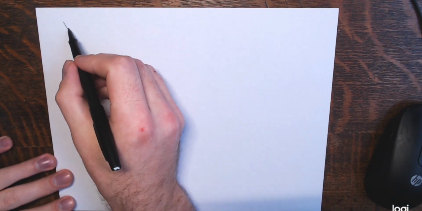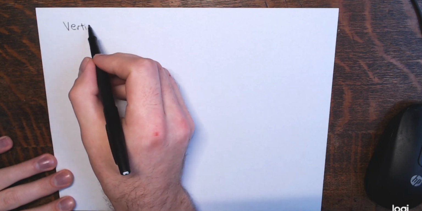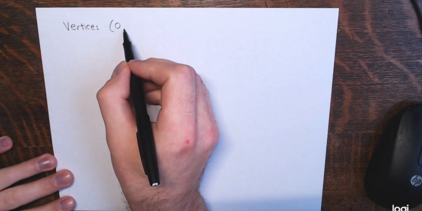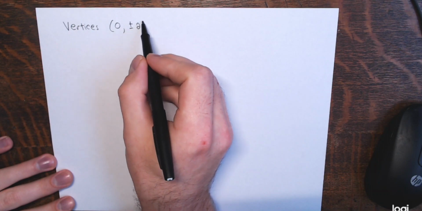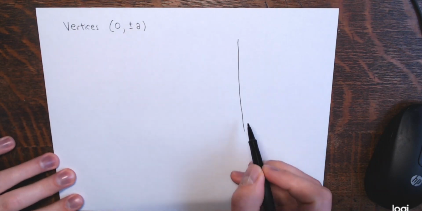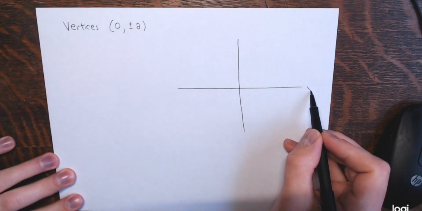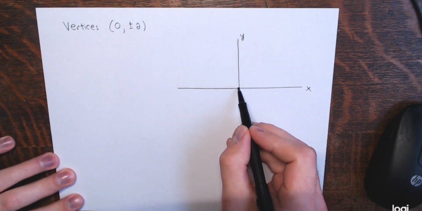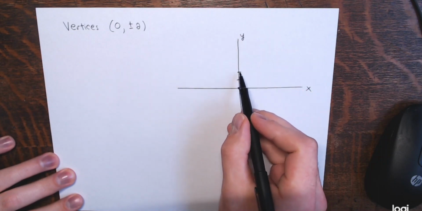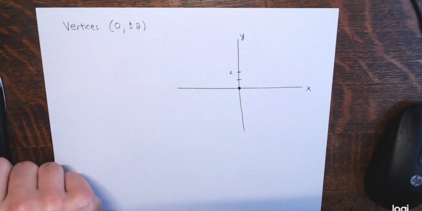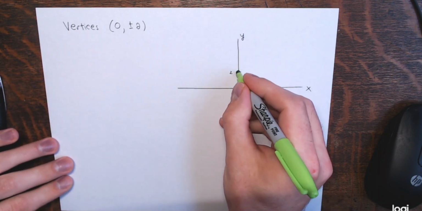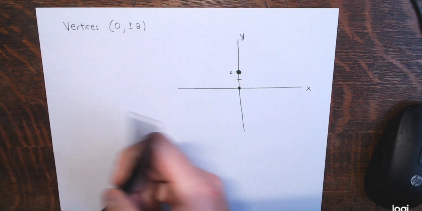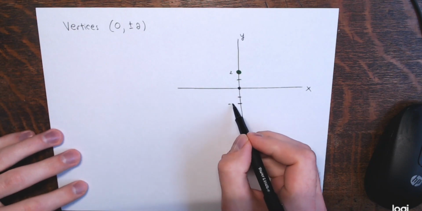So they're telling us the vertices are at (0, 2) and (0, -2). And the center is the origin. For all these problems in this assignment, the center is at the origin, and (0, 2) is one of the vertices, and (0, -2) is the other vertex.